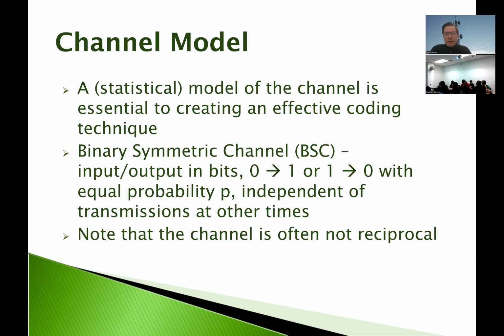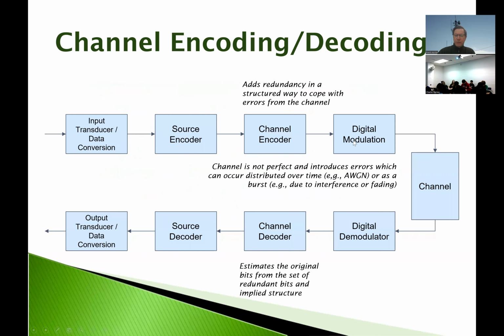It's a statistical model of the channel. It is essential in creating an effective coding technique. One that is very common and usually the baseline of these things is a binary symmetric channel, noted as BSC. Our inputs and outputs are in terms of bits, and so that would look at not just a channel, but the modulation, demodulation process and all the circuitry in between.